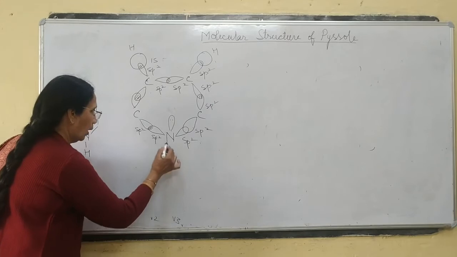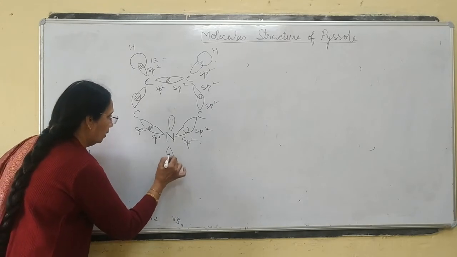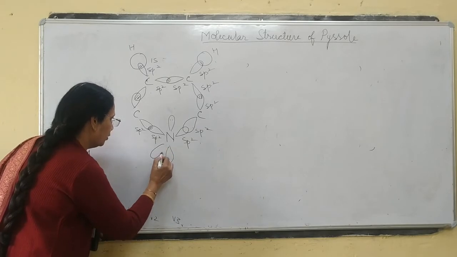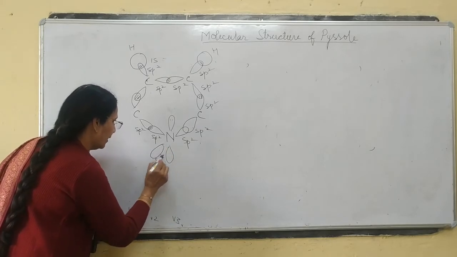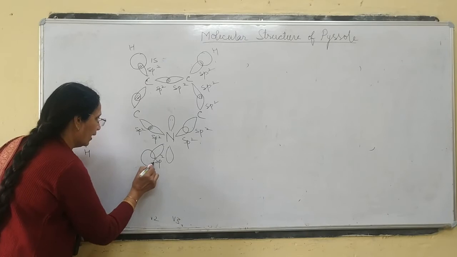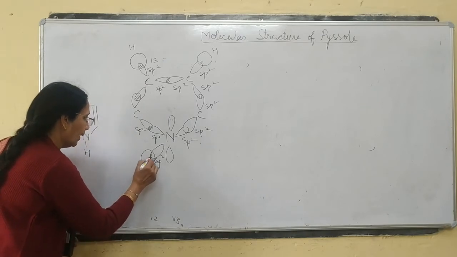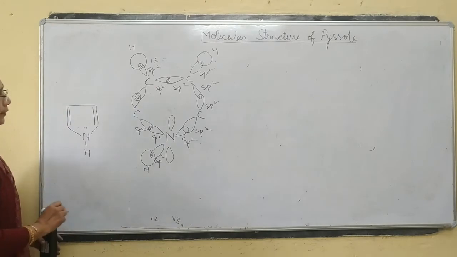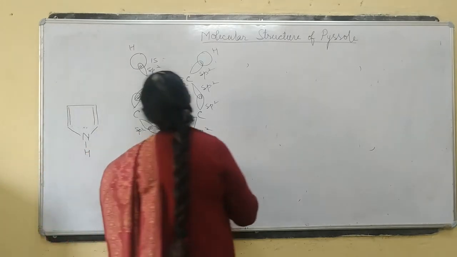Here one pz orbital, and the sp2 hybridized orbital of the nitrogen atom overlaps with the 1s orbital of the hydrogen atom.